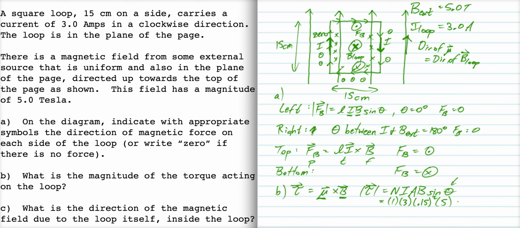So this will be sine 90, which is 1. So if I multiply all these numbers together, I get that the torque is 0.34 Newton meters. There's our answer for part B. And then for part C, as I wrote above, the magnetic field generated by the loop is into the page.